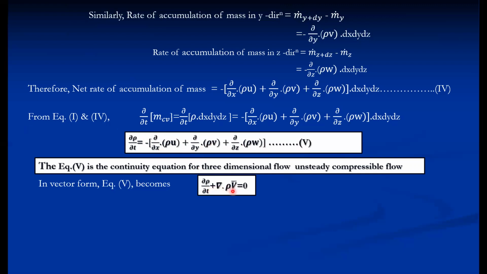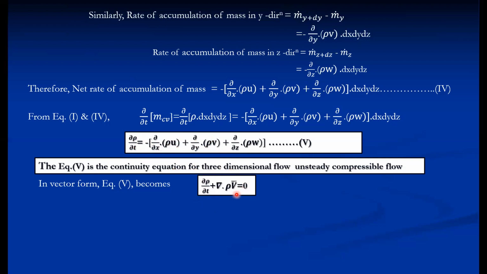So the divergence of rho v bar, and ∂rho/∂t, all the terms we can take on the left-hand side equating to 0. So this is the conservative form of the continuity equation.